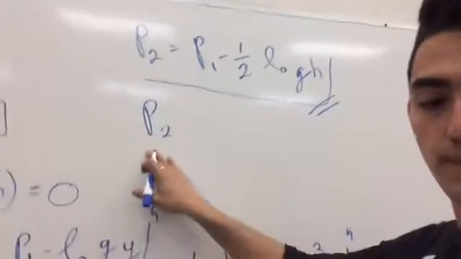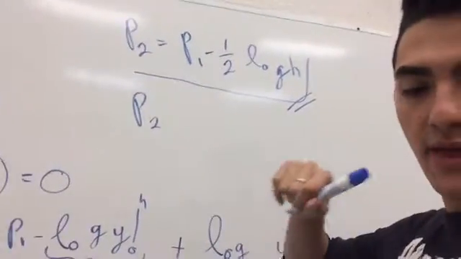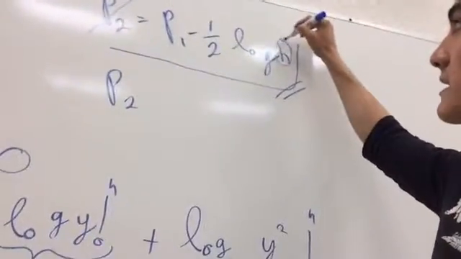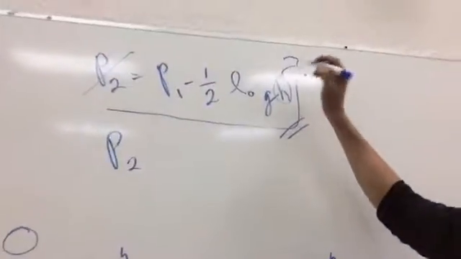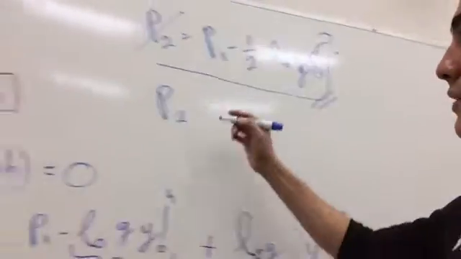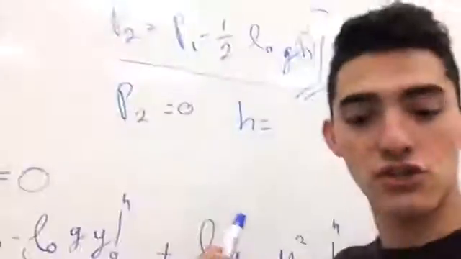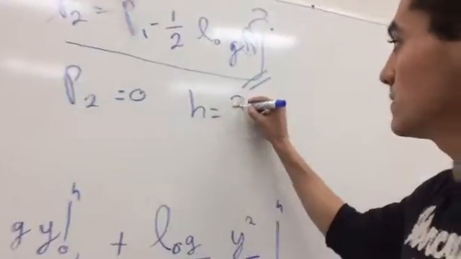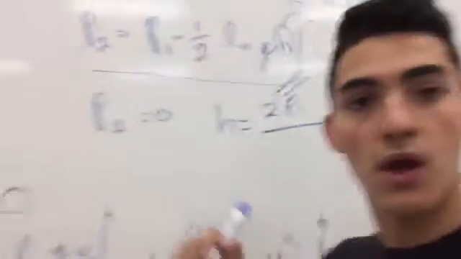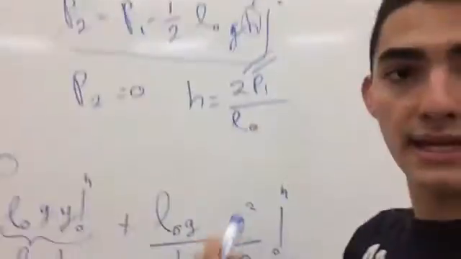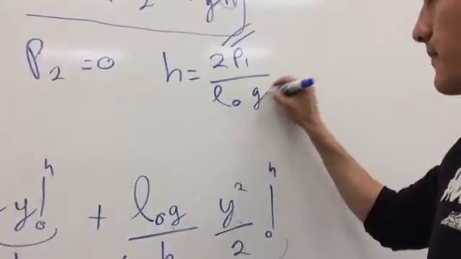So by discarding pressure 2, we solve for the height, which is the value we are looking for. As pressure 2 equals 0, we take out the h, and h equals 2 times the pressure 1 over the initial density times gravity.